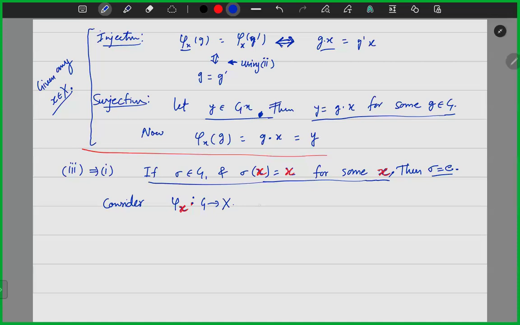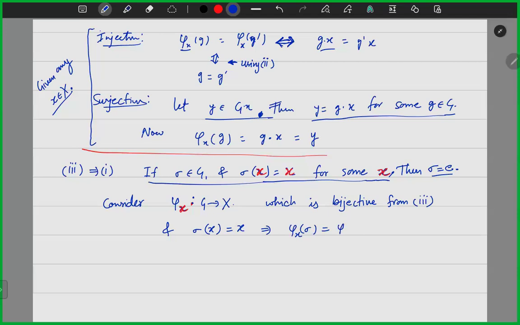Phi x is a map which is bijective, from G to Gx. We are using the third statement this time. Now sigma x is equal to x implies phi x of sigma is equal to e into x, right?